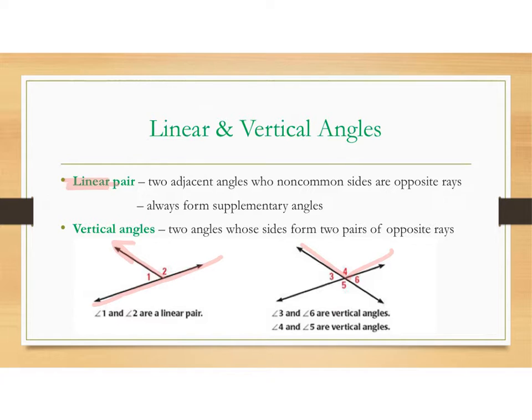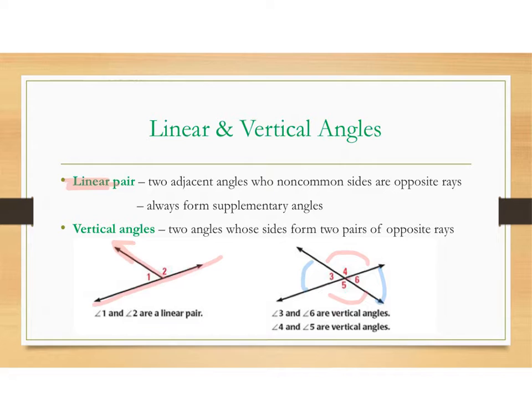So the pairs of vertical angles in this picture are going to be the numbers 4 and 5 are vertical to each other, and 3 and 6. Those are the pairs of vertical angles. Any questions on linear pair or vertical?